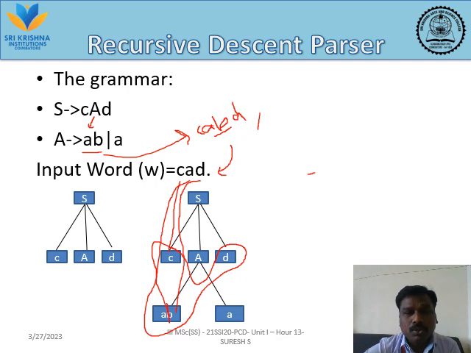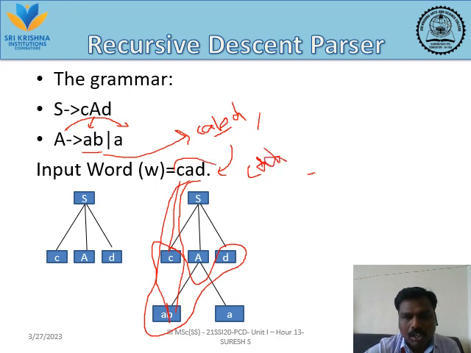So what are we supposed to do? We have to do the backtracking. What is backtracking? We need to go back to the alternates of A and find out if there is any other alternate that matches the input. Yes, of course, A is matching with small a. So when we replace A with small a alone instead of AB, we get CAD.